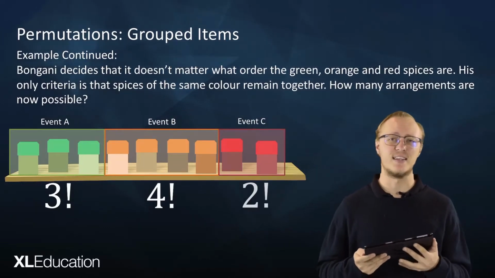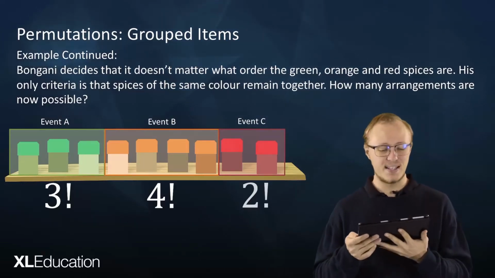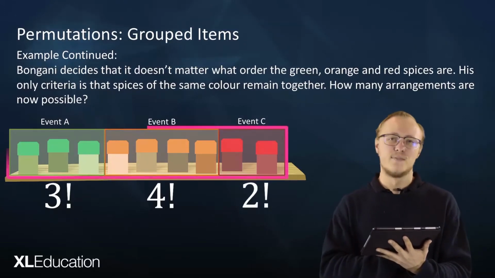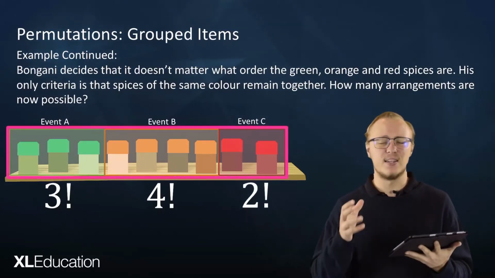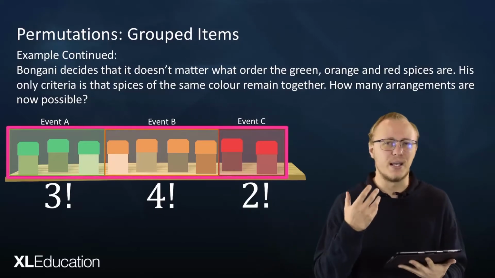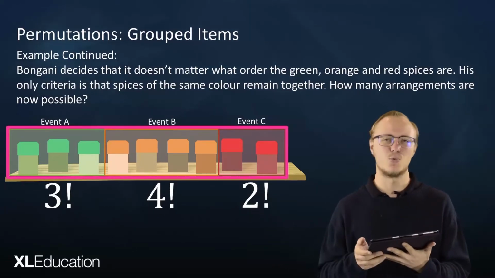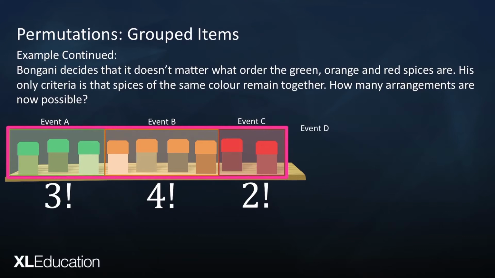But there is an extra event here. The 3 spices in their groups now become objects that we can arrange, and arranging the groups is going to be called event D. And because there are 3 groups, we can arrange them in 3 factorial different ways.